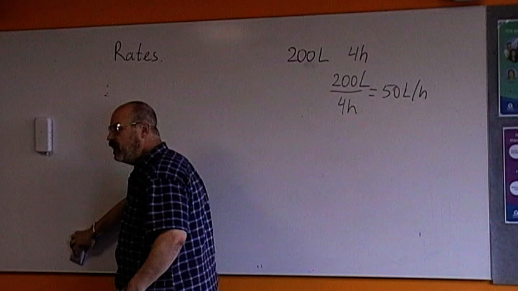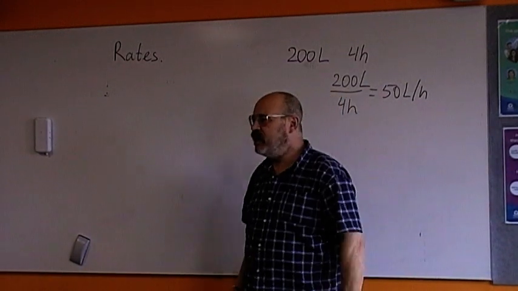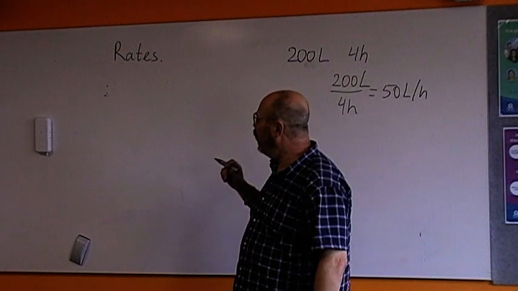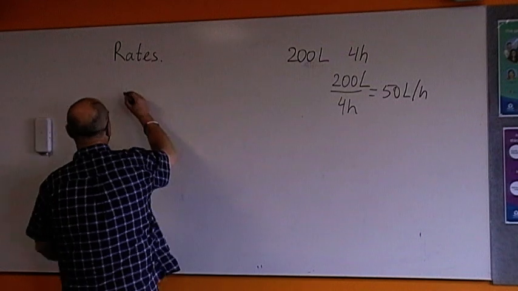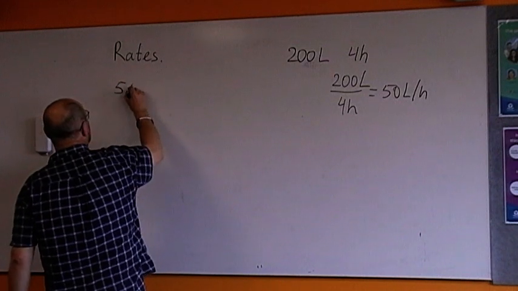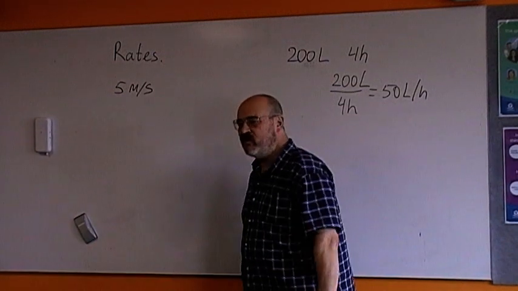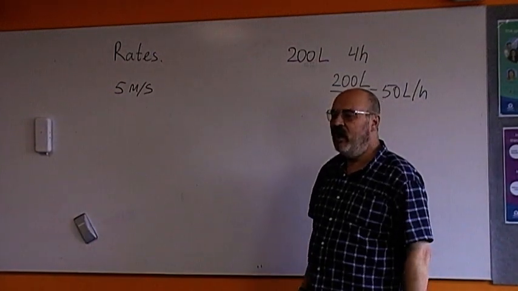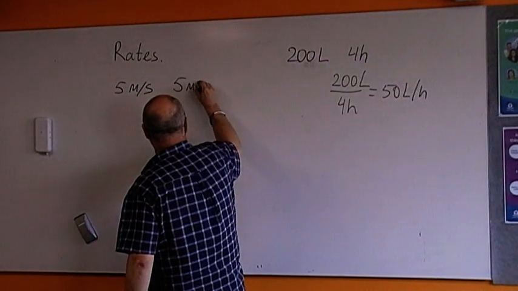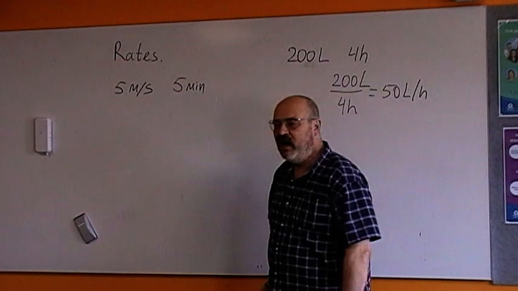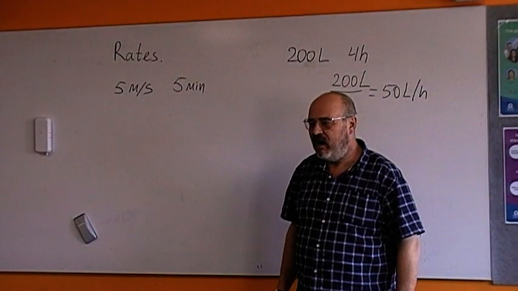For example, if Darcy is running at a speed of 5 meters per second, and he's running for 5 minutes, how far will he get? It's 5 meters per second times time.